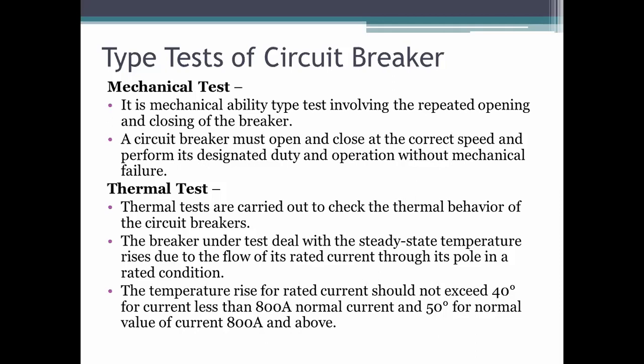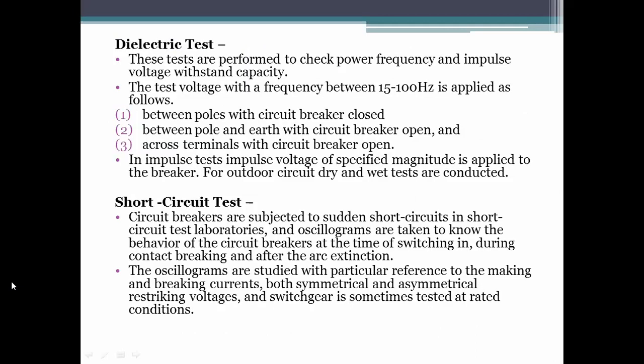And if the current is greater than or equal to 800 ampere, then the temperature rise should not exceed 50 degree Celsius.